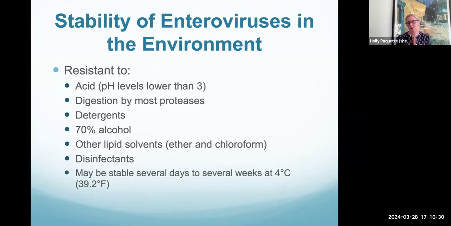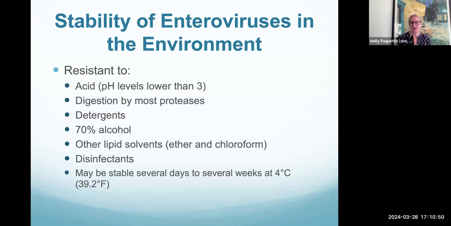Detergent, so when we think of washing our hands and that can damage things like the coronavirus, it doesn't affect the poliovirus. Even 70% alcohol, these viruses are resistant to that. Other lipid solvents also can't inactivate this particular virus.